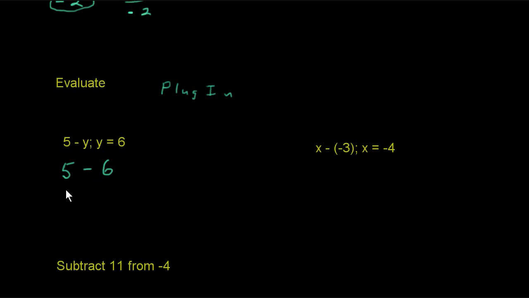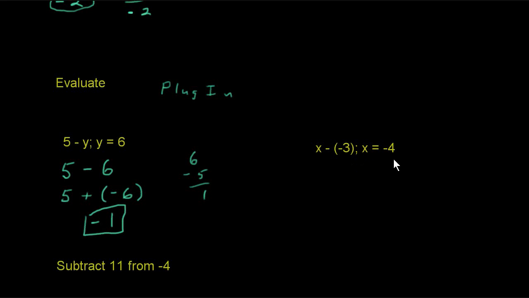And now we have a subtraction problem. We change it to an addition problem of 5 plus its opposite, which is -6. Now we apply the addition rules. The signs are different, so we take the difference of the two numbers, which is 1, and take the sign of the larger, which is the negative, and so our answer is -1.